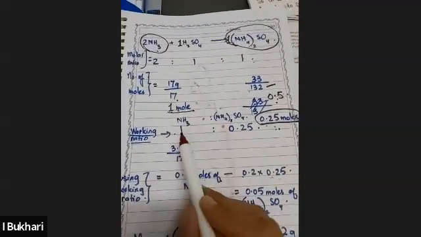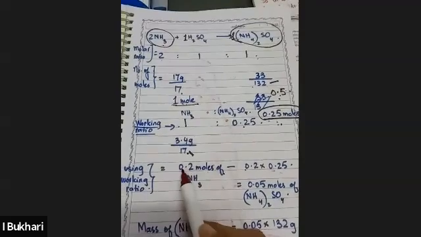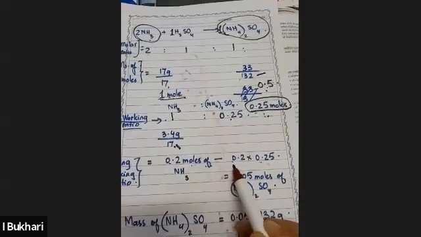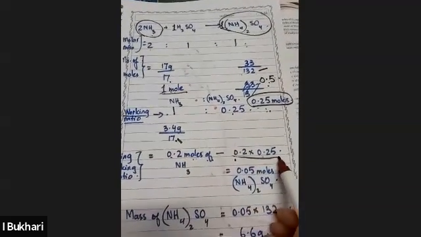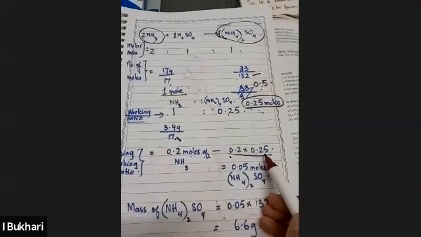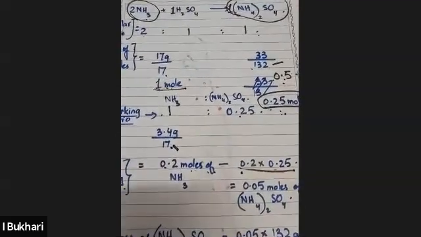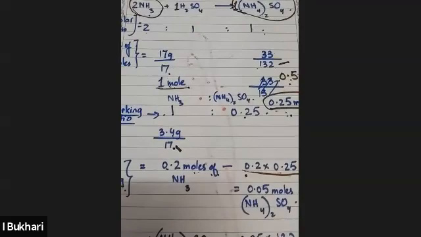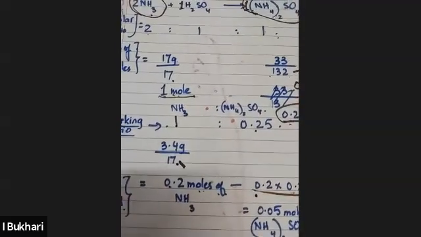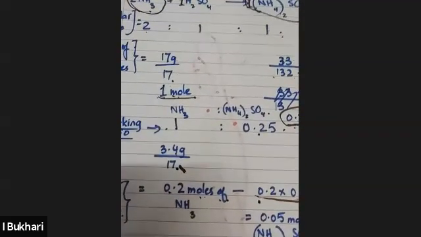So if 1 mole is giving me 0.25, 0.2 moles would give me, so this is the ratio method. Hala, you were asking for the ratio method. Please do not start sharing your screen.